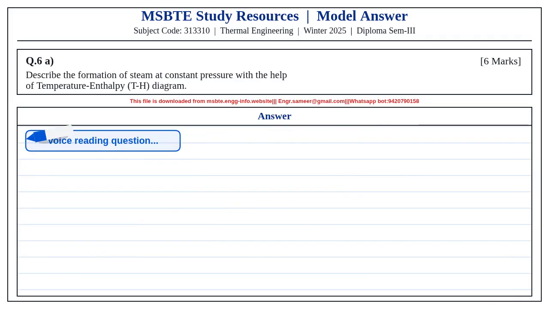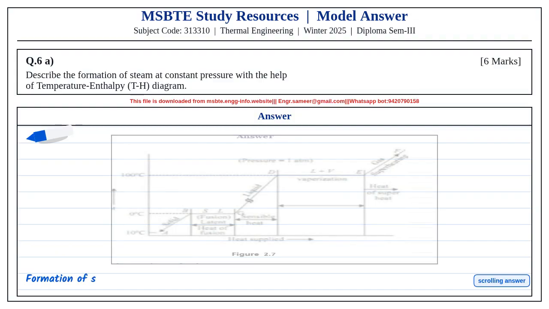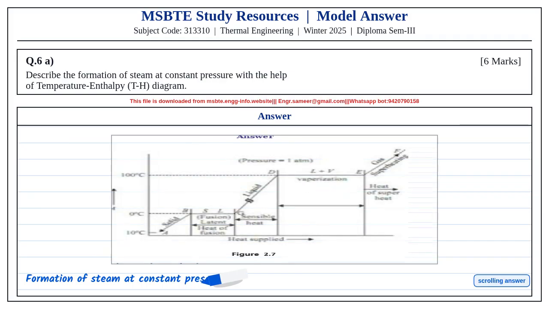Question 6a. Describe the formation of steam at constant pressure with the help of temperature enthalpy diagram. See the image carefully. You will have to reproduce this temperature enthalpy diagram in the exam.